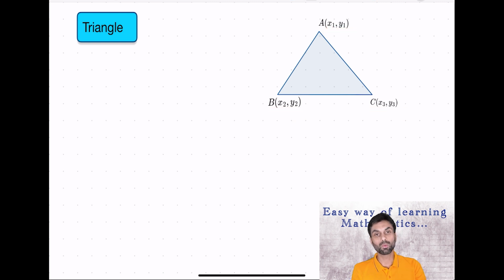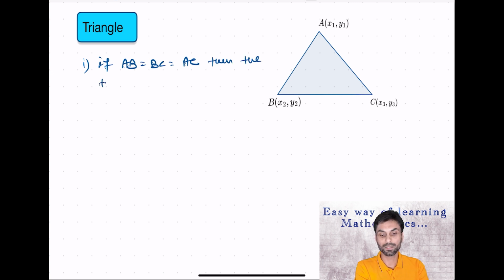Now, in order to prove what type of triangle it is, again we are going to find the distance between each two points, and then we'll see how we can use the distance formula to find what type of triangle it is. First, if all sides are equal, that means if AB equals BC equals AC, then the triangle is an equilateral triangle.